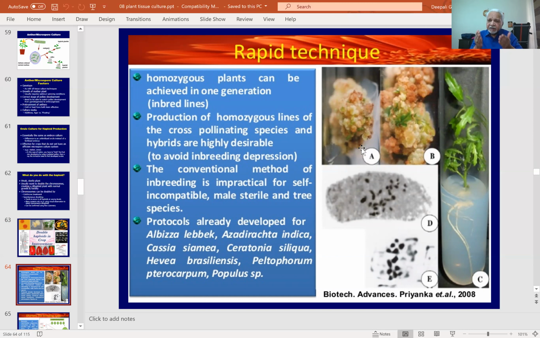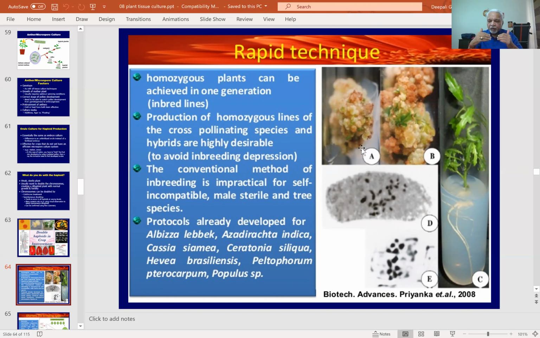Now, the significance of getting homozygosity is that, as per Mendel's genetics, the traits present in an organism are in three forms. Either they are homozygous, capital T, capital T, or they are capital T, small t, or small t, small t.